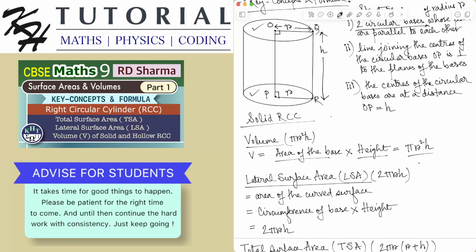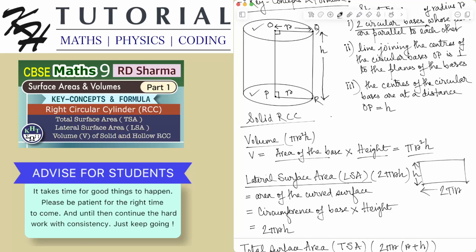Consider a rectangle whose length is 2 pi r and whose width is h. Let's say there is a rectangle whose length is 2 pi r and whose height is h.